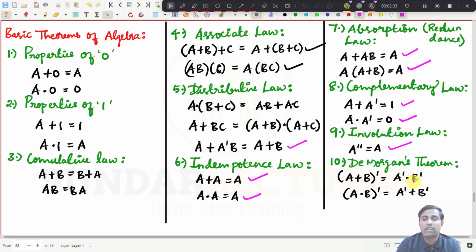A plus B whole bar will be equal to A-bar dot B-bar. Right? And if you know the principle of duality, you can change this plus to the dot operator as well as this dot to the plus operator straight away. So this equation should also be satisfied, right? So A dot B whole bar will be equal to A-bar plus B-bar. This one we have already seen.